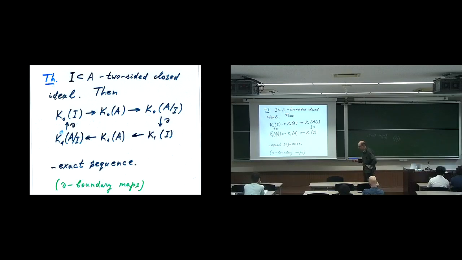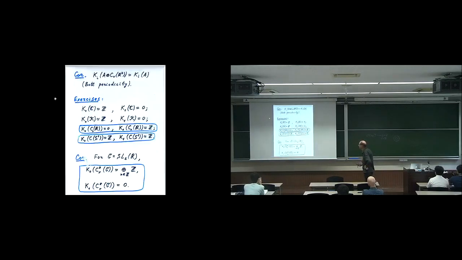This sequence is natural: if you take another algebra, say B, and the ideal J, and you have a map from A to B with the ideal mapping into the ideal, then the sequences map into one another and the diagrams commute. So that's the very important point of the whole thing.